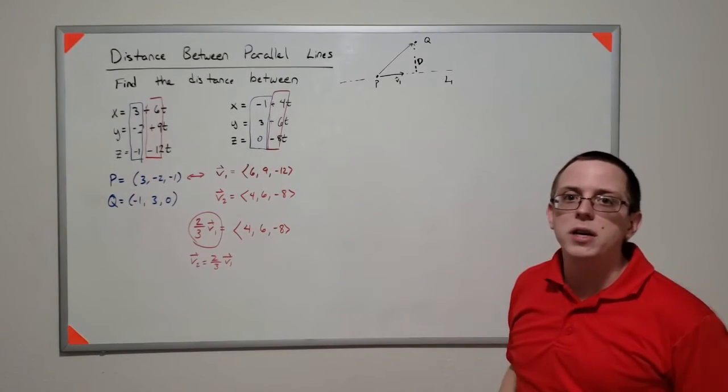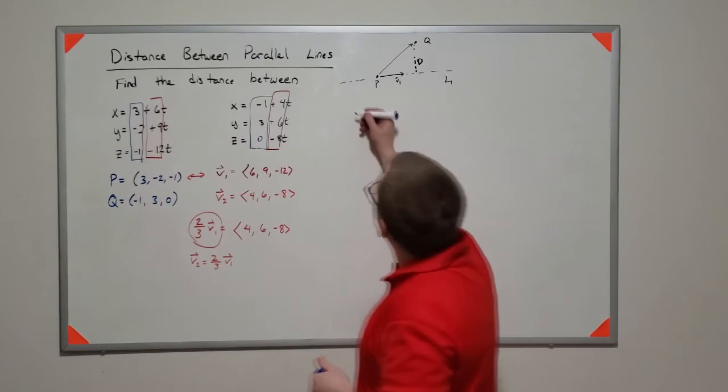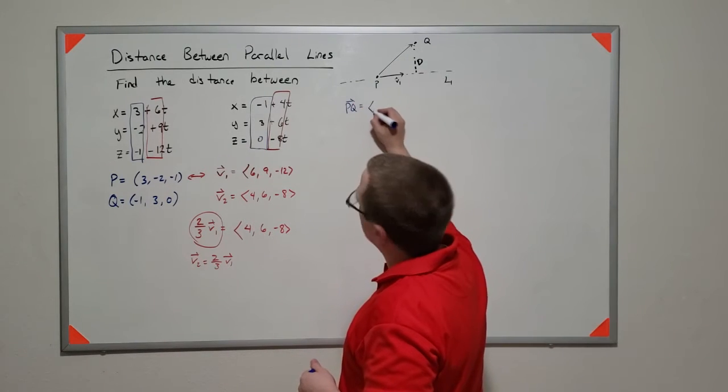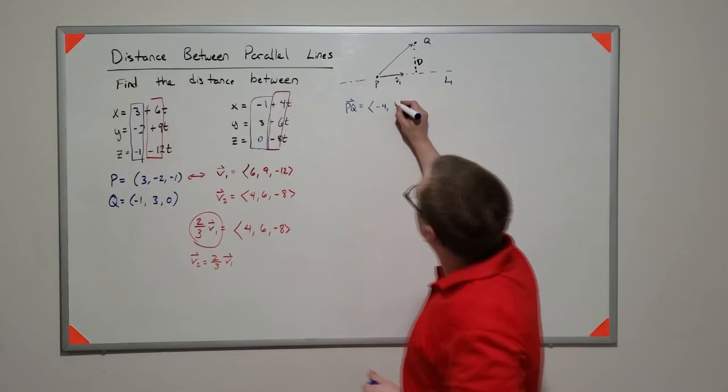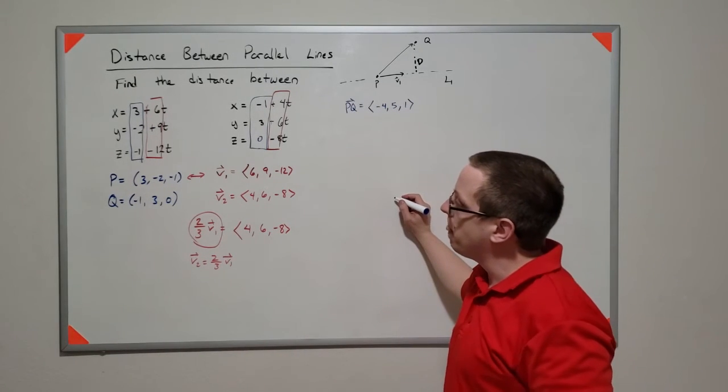Remember, to do this, we need to find a few quantities. We need to find the directed line segment PQ. So that's going to be (-4, 5, 1).